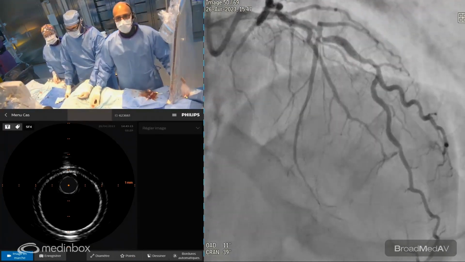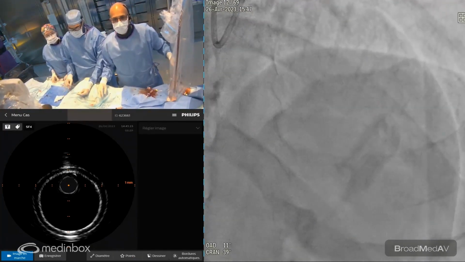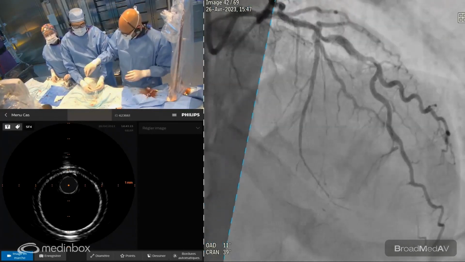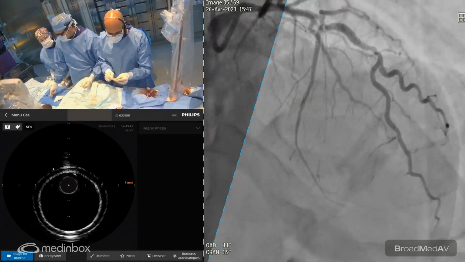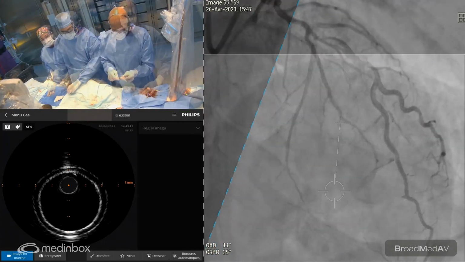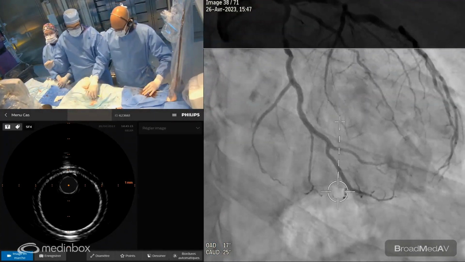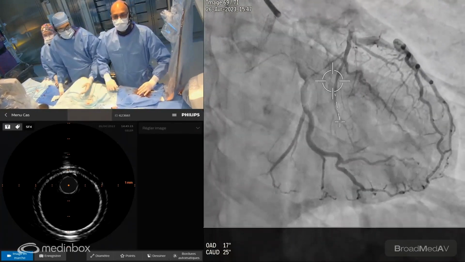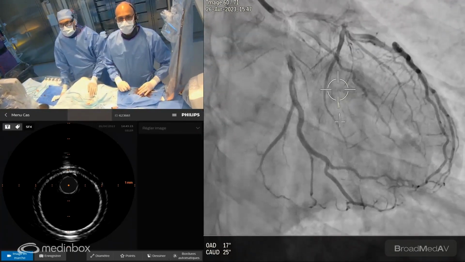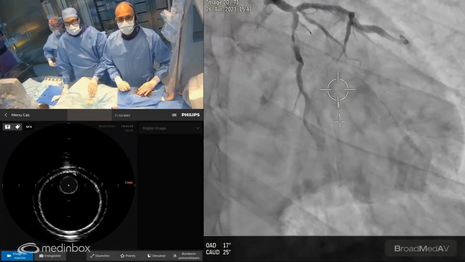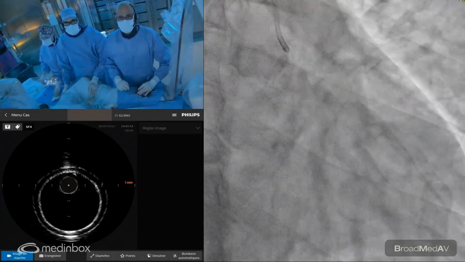So we'll bring down a workhorse and we'll perform imaging to see what's going on exactly in the LAD and left main, get the MLA of the distal left main, and then depending on the amount of calcium I see in the LAD, we'll probably perform orbital atherectomy in the LAD and probably use shockwave for the circumflex to maintain my wire axis.